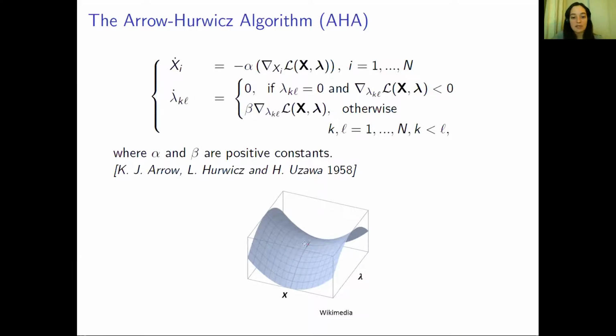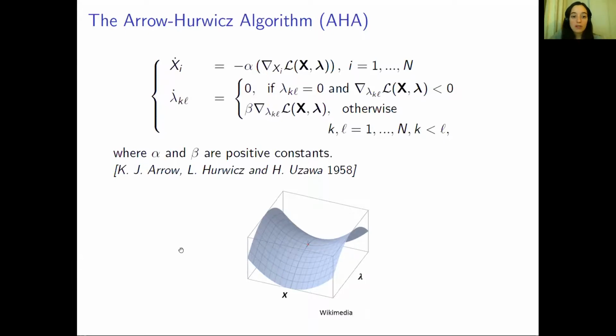Lambda represents the intensity of the repulsion forces that ensure the non-overlapping between the hard core of the nuclei. Okay, and so this system goes in the direction of minus the gradient of the Lagrangian with respect to x and plus the gradient of the Lagrangian with respect to lambda, aiming at finding the saddle point.